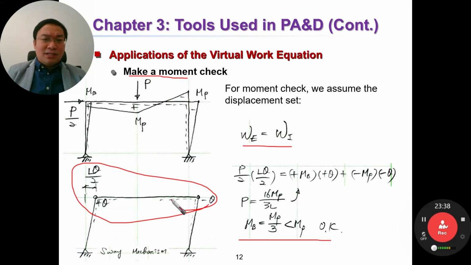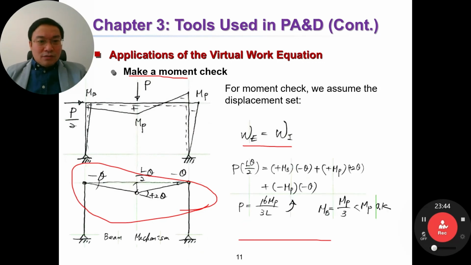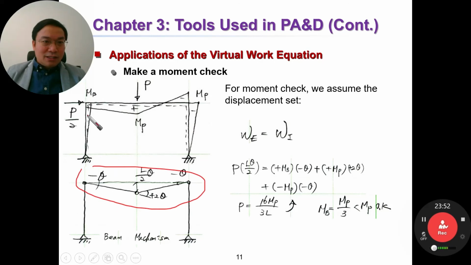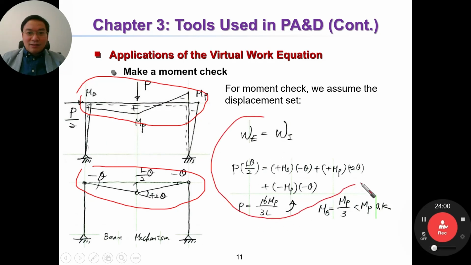So let's say in the previous one, this mechanism is called the beam mechanism. Very simple. With the beam mechanism, we can consider this part and this part only. Then we can develop this equation based on the beam mechanism.